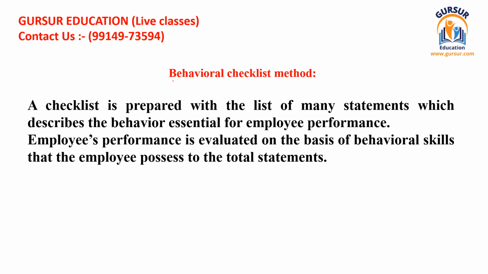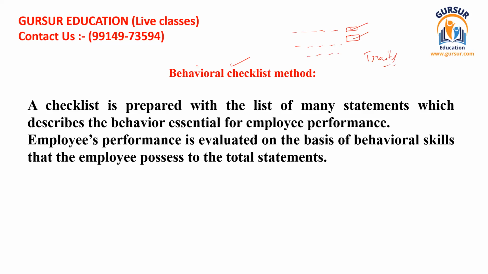The first one is the behavioral checklist method. Again, a checklist, which I have already explained to you. There are a number of statements. Each statement is adjacent to a blank box at which the tick mark is to be done by the immediate supervisor or the manager. And all these statements do not necessarily relate to traits.